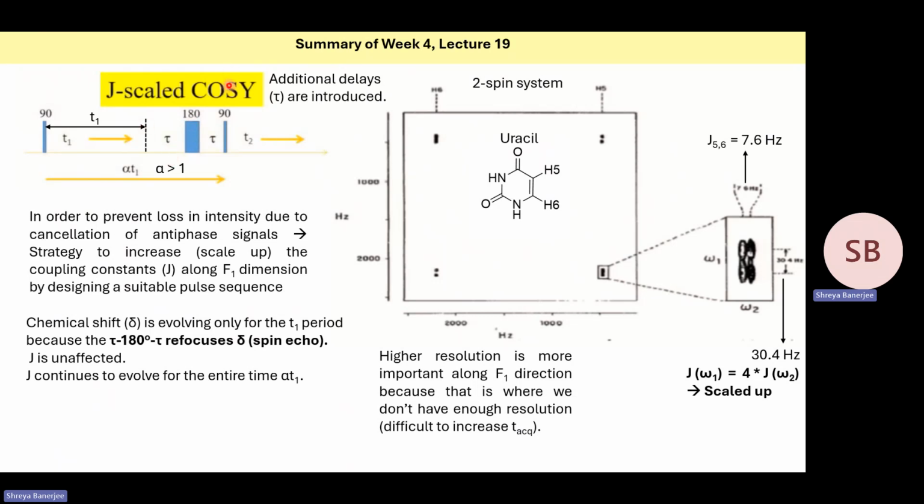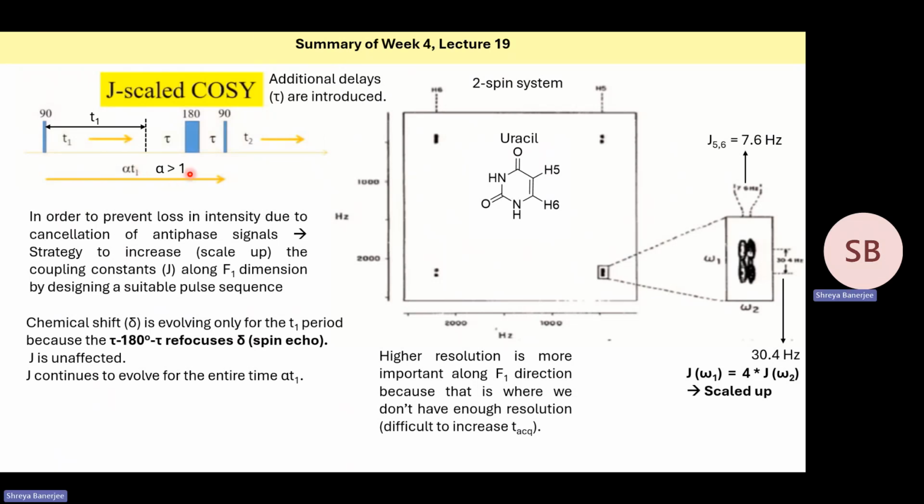Here you're introducing additional time delays of tau. Then you're introducing another 180 pulse, again another time delay of tau, and then a 90 pulse, and finally you are recording it. So, additional time delays of tau are introduced.